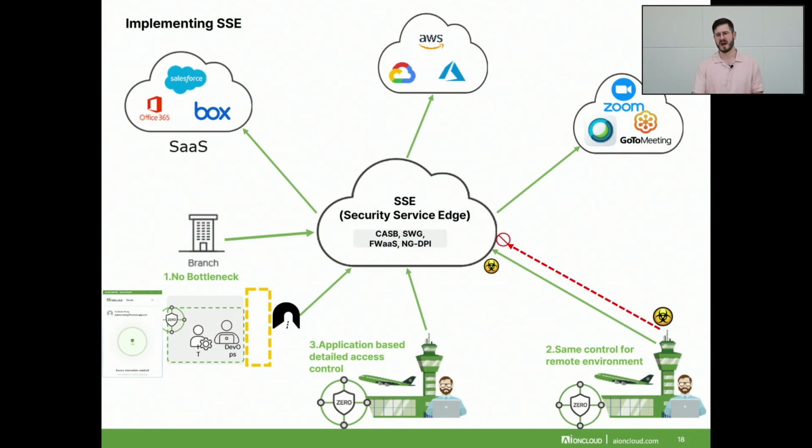Thirdly, instead of using VPN access, AIONCLOUD uses ZTNA style access control. This gives more granular control to how users can access information inside the company network, and requires continuous authentication throughout the process of accessing any resource.